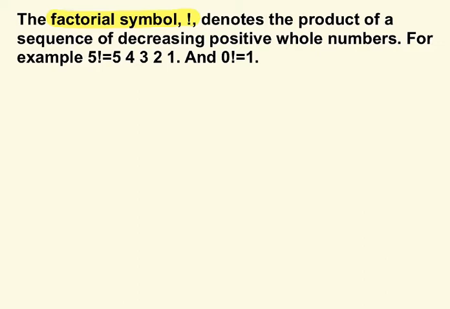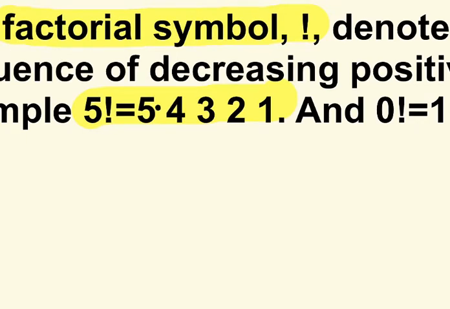When we use the factorial symbol, the exclamation point, it denotes the product of a sequence of decreasing positive whole numbers. For example, 5 factorial is equal to 5 times 4 times 3 times 2 times 1.